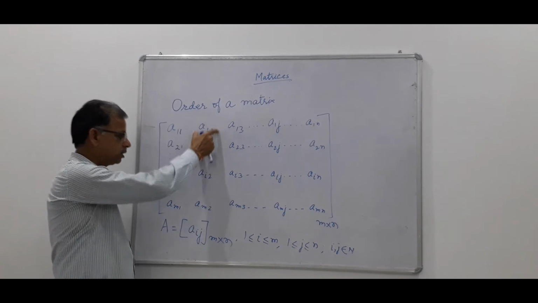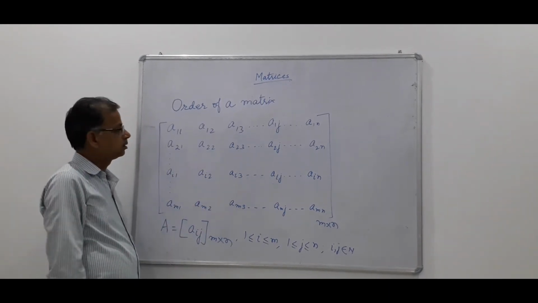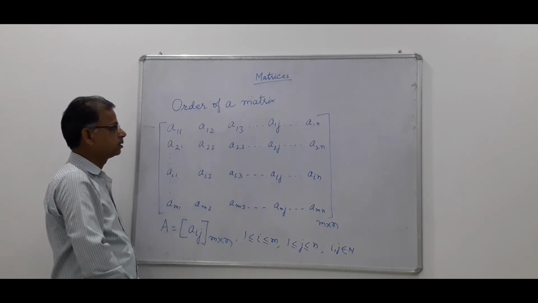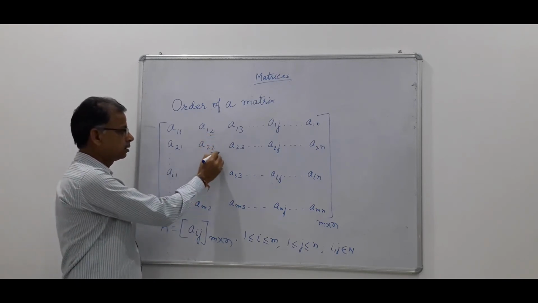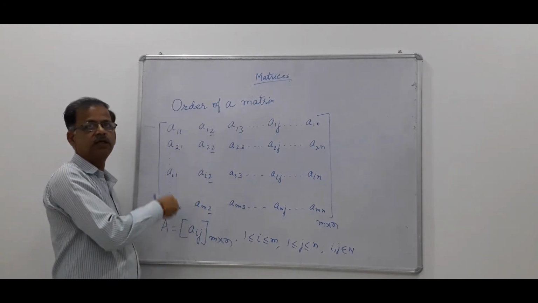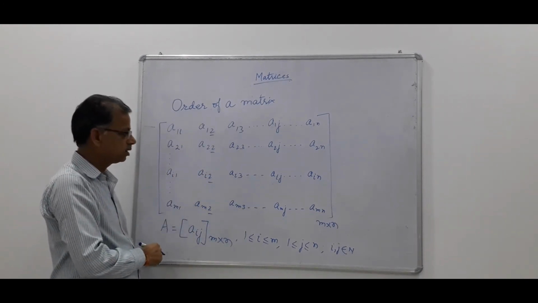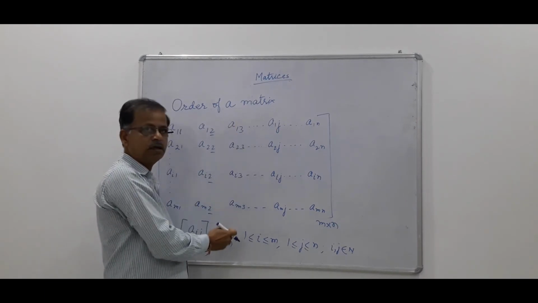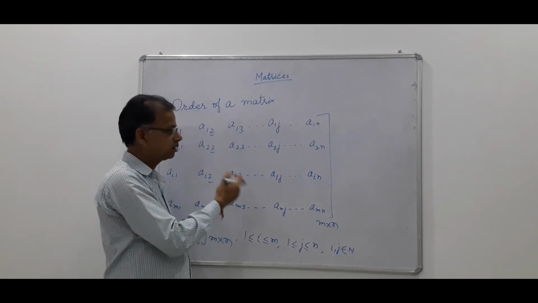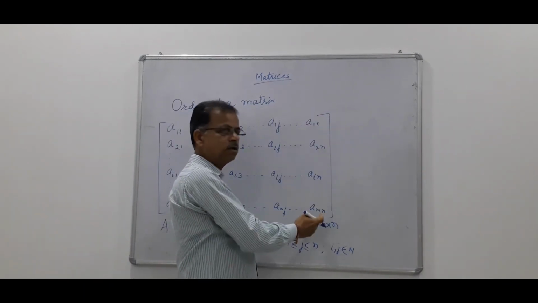Now observe all these elements. In these elements, what is the second subscript? The second subscript is 2. It means these elements are of the second column. And similarly, these elements are of the third column, these elements are of the jth column, and these elements are of the nth column.